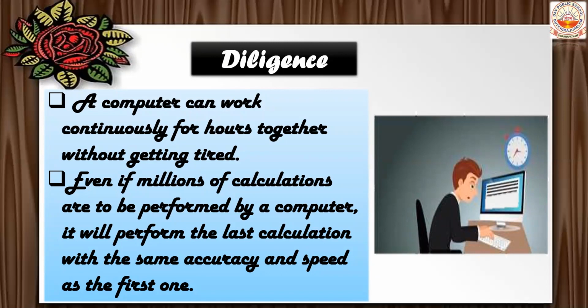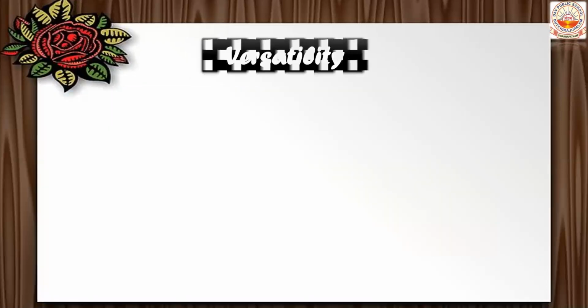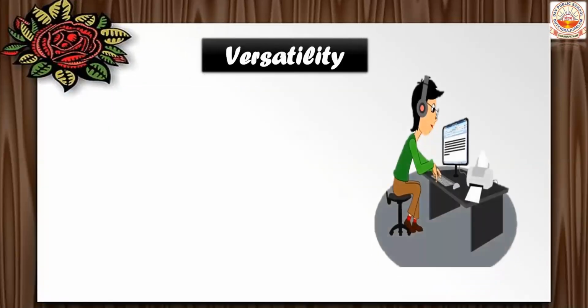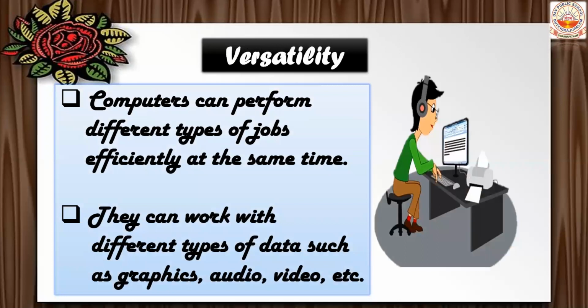Now, let us see the next feature, that is versatility. Versatility is one of the most wonderful thing in the computer. It can do multiple jobs at a time. They can work with different types of data such as graphics, audio, video, etc. So one moment it helps the user to take hard copy.